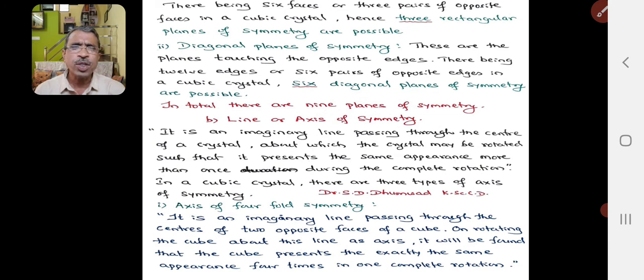On rotating the cube about this line as axis, the cube presents exactly the same appearance 4 times in one complete rotation.